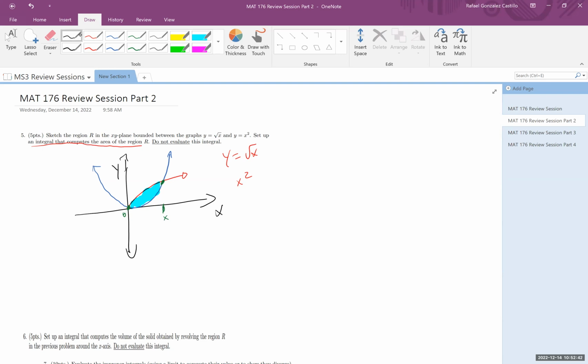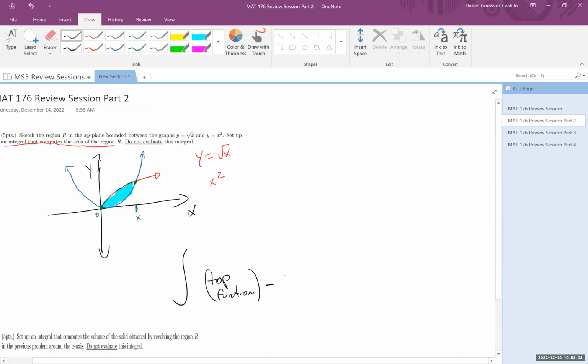The way that you set up the integral is you think about the height of the function. The way that I choose to remember this is as follows. Typically, you're going to have your top function minus the bottom function.